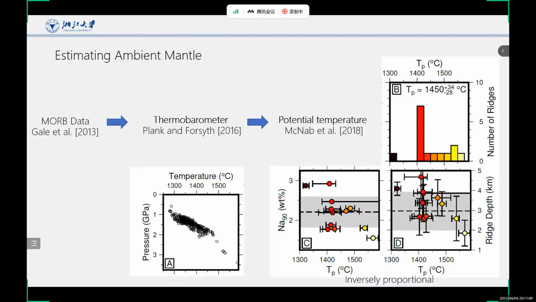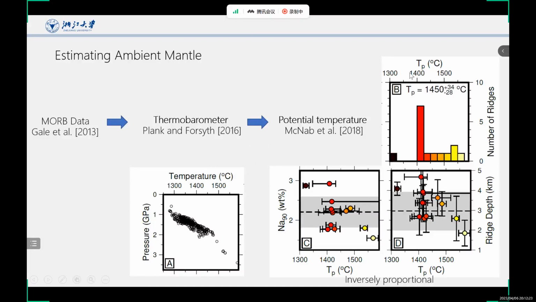So they get their MORB data from Gale 2013, and they use the Plank-Forsyth thermobarometer to calculate this MORB's pressure and temperature, and they found the result is almost between 1 and 2 GPa and 1300 and 1500 degrees C. And they use these pressure and temperature data to calculate the potential temperature, which is the last step.